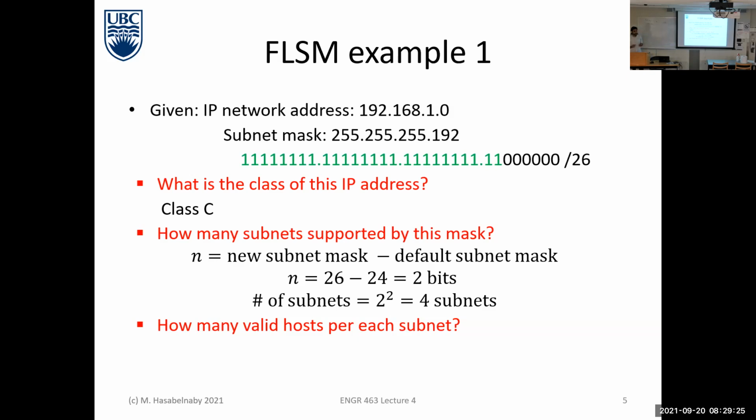The subnet mask is 32 bits, so 32 minus 26 is 6 bits. So how many hosts can be supported by this IP address? 2^6 minus 2, which equals 62.